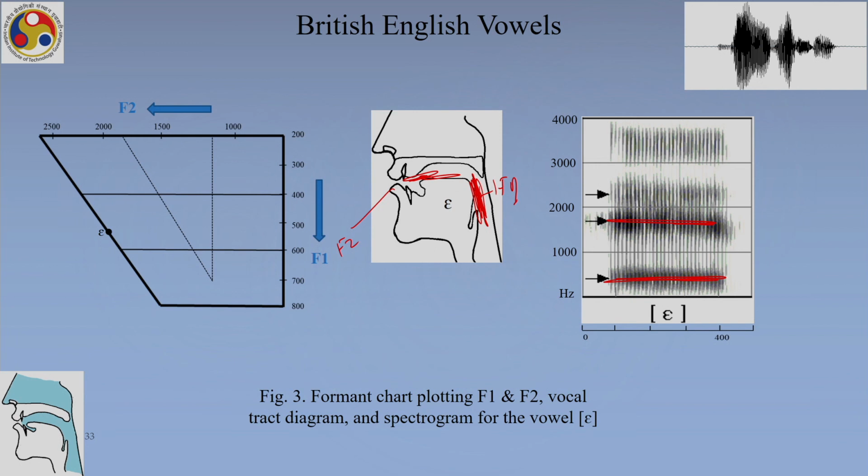F1 is around 500 hertz, and F2, between 1000 and 2000, is around 1800 hertz. So it should be somewhere here, around 1800 hertz.